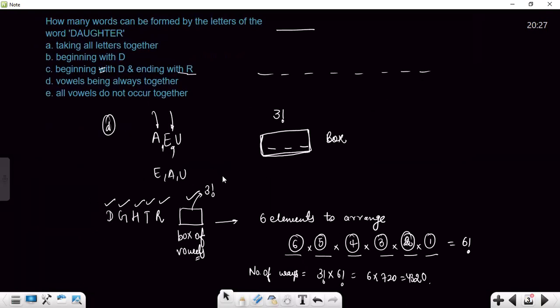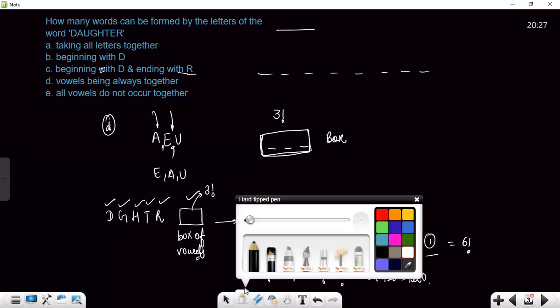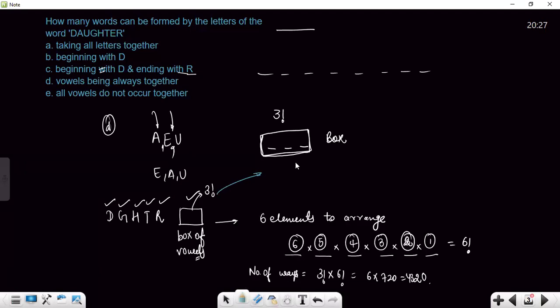So basically, after arranging all the vowels, the letters of the word that were left were the consonants. So now we will be arranging the box with these 5 consonants. Let me give you some illustrations so that you will be able to understand better.